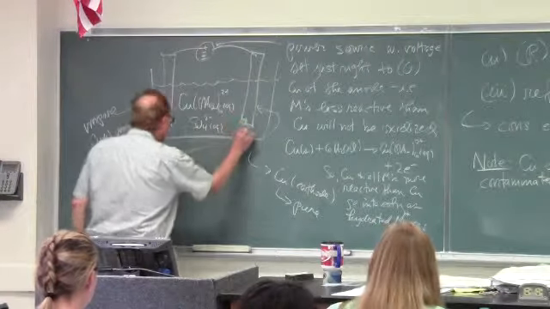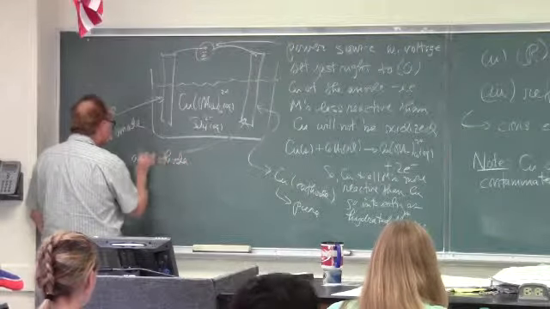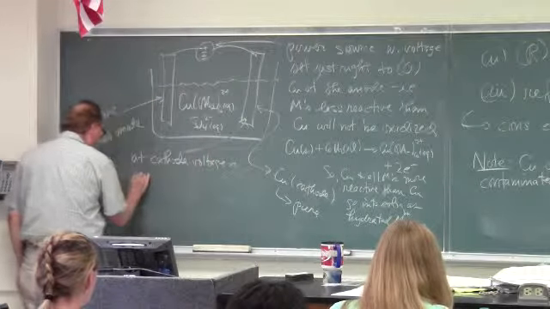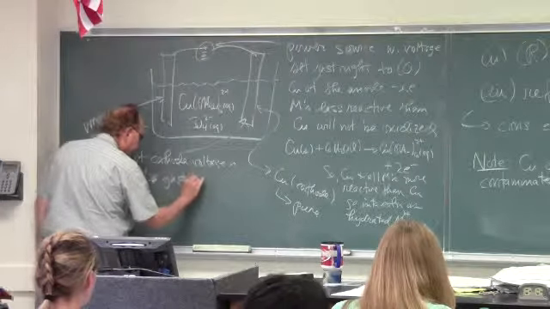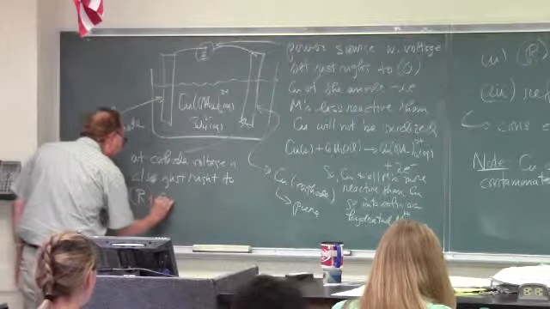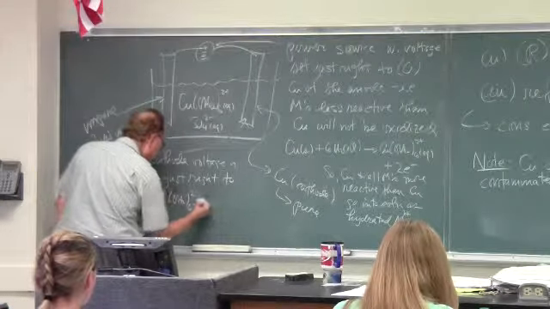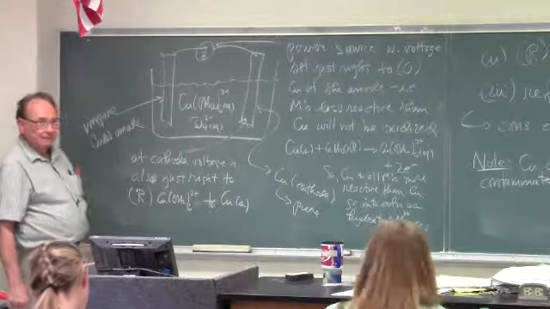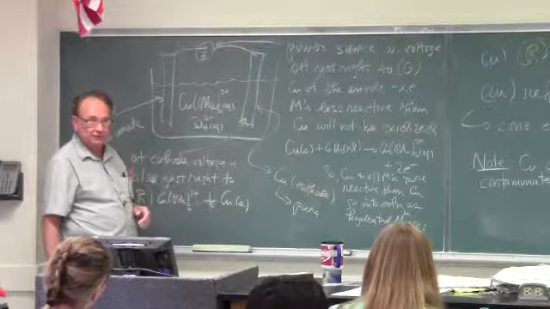So I have to recognize that at the cathode, the voltage is also just right to reduce copper ion to copper. So I'm transferring copper from the anode to the cathode by this procedure.